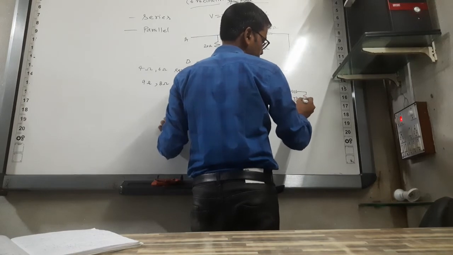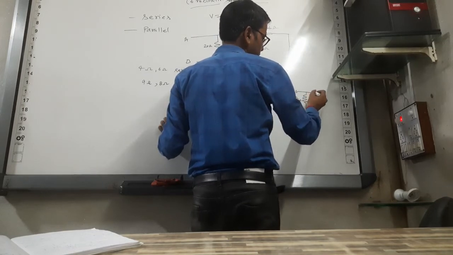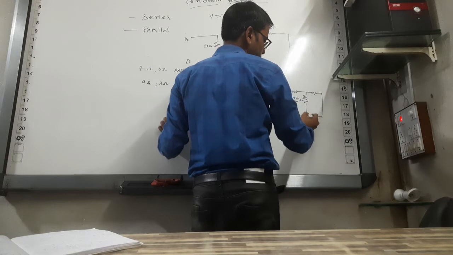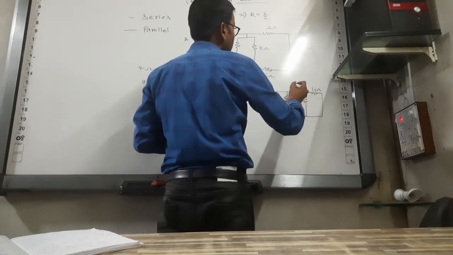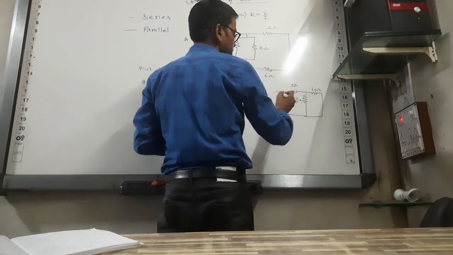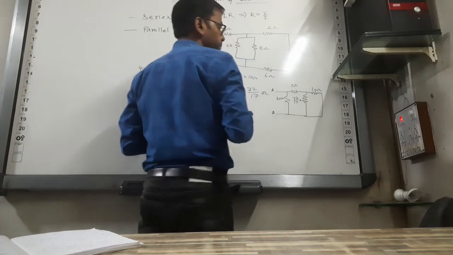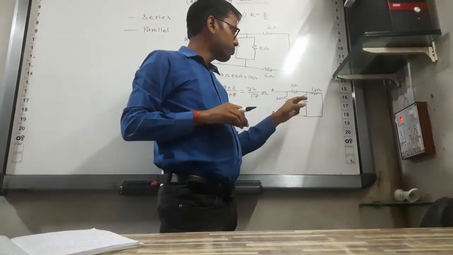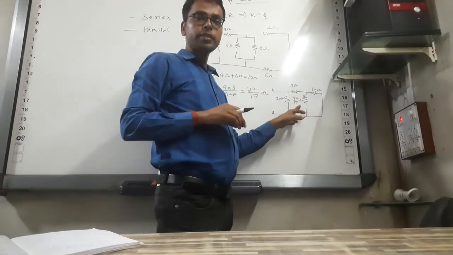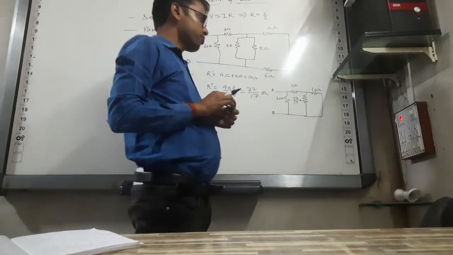Now 72 by 17 ohm, and here the equivalent resistance comes out to be 10 ohm, and this one is 3 ohm, 20 ohm, point A and point B. Here the resistances 10 ohm and 72 by 17 ohm are in parallel combination.